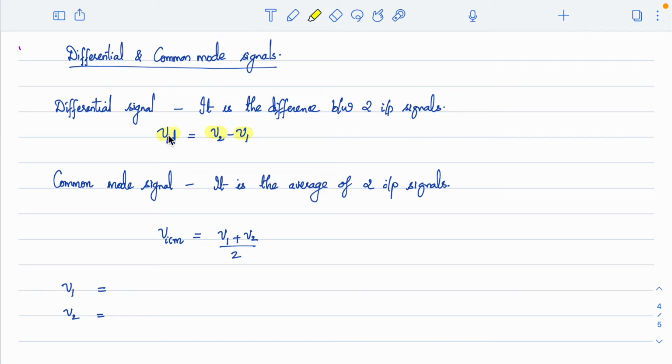I represented the differential voltage as the difference and the common mode voltage as the average. Now I want to represent V1 and V2 each in terms of the differential and common mode signals. You have two equations.